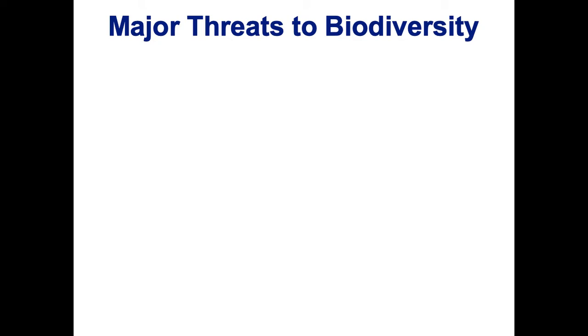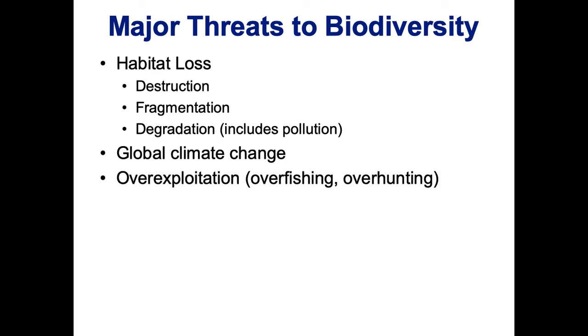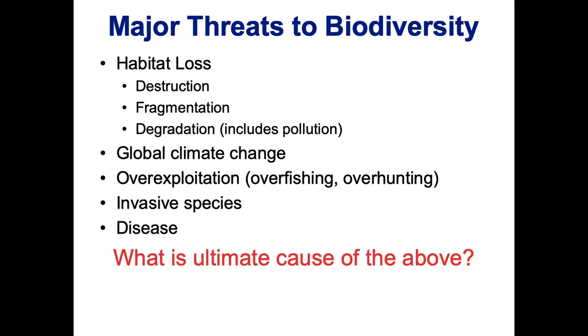So major threats to biodiversity: habitat loss, which includes habitat destruction, fragmentation, and degradation, which includes pollution; global climate change; overexploitation, which includes things like overfishing, overhunting, but it also includes plants, so overharvesting; invasive species; and disease.